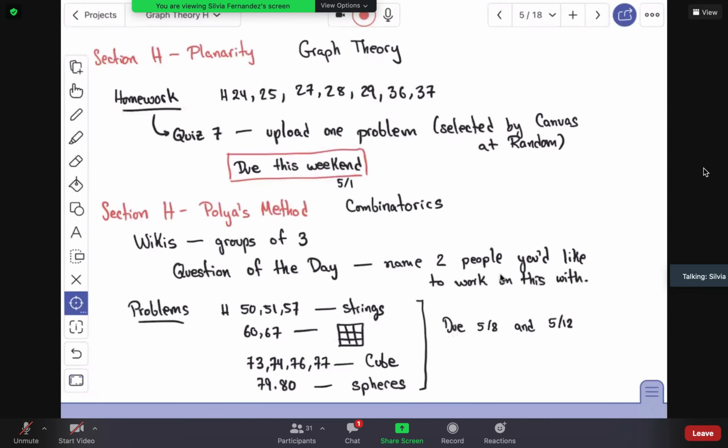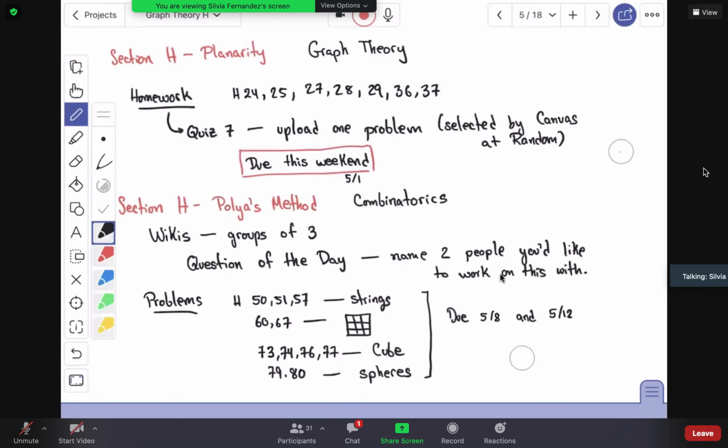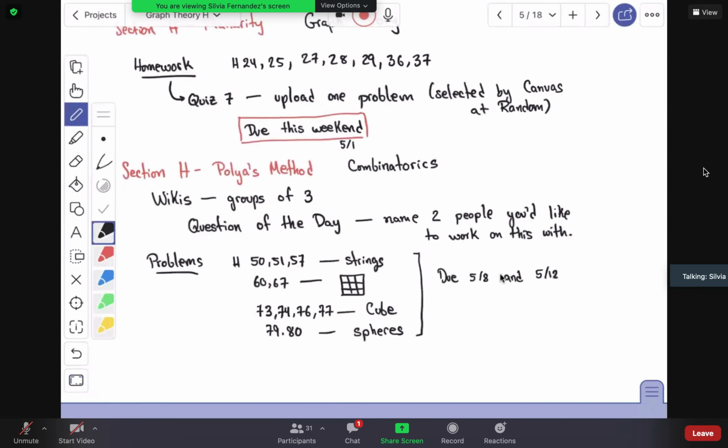And then we'll have a review and we'll go over all of this on 5:13. So 5:13 is our last meeting class. We'll have a review for the last midterm, and we can also go over any questions on those wiki problems.